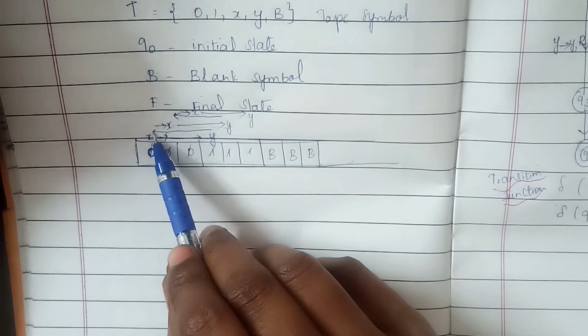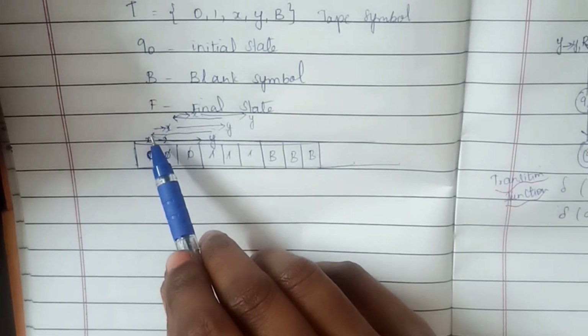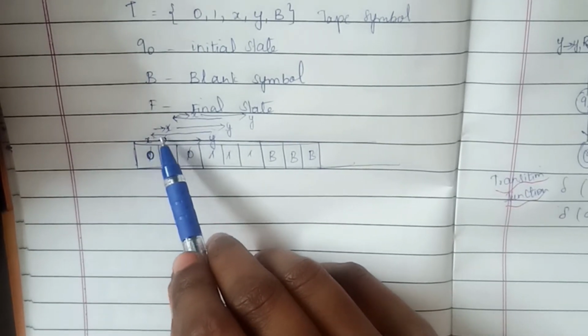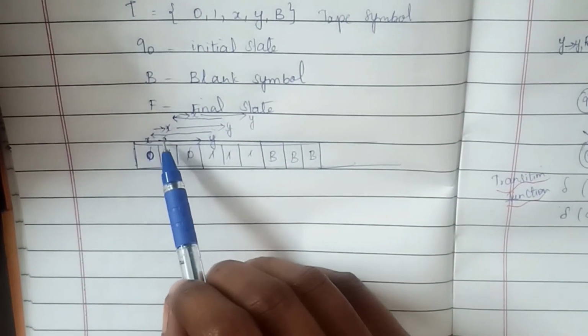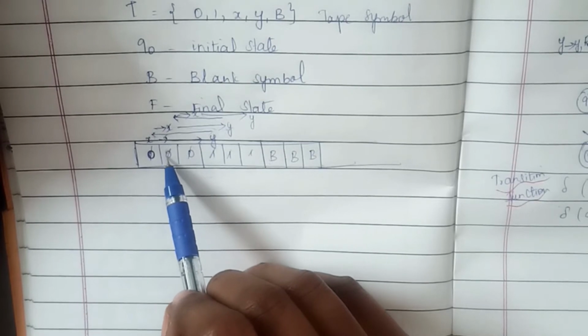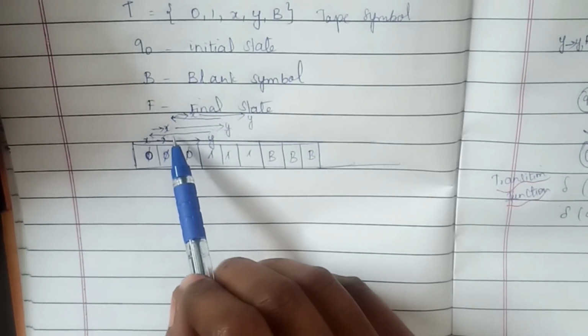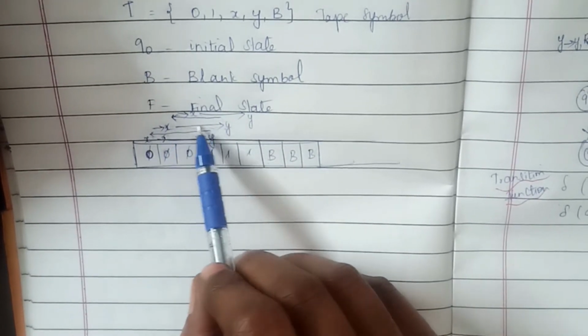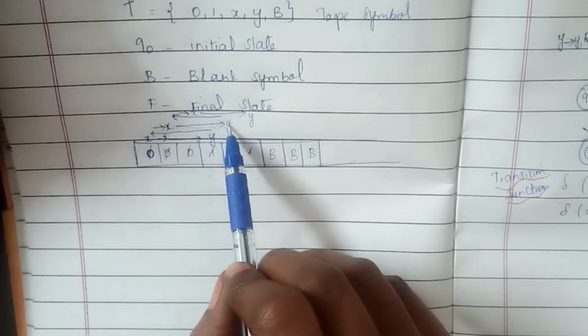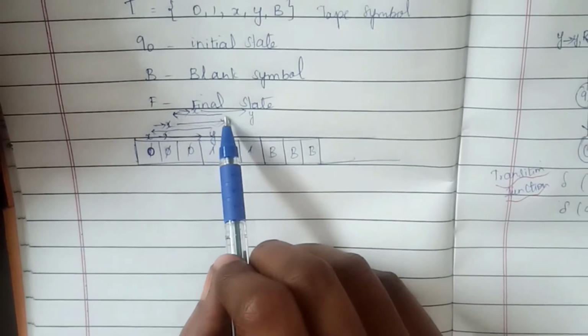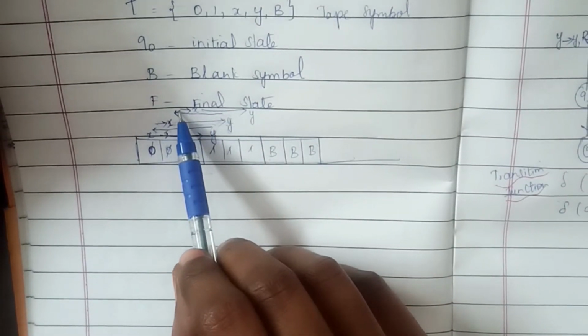Once you see this x, it has to be identified that to the right of x there is a symbol 0, and this 0 is to be replaced by x. Afterwards it goes for the 1. Once you see this 1, it has to be replaced by y, and you go to the leftmost.